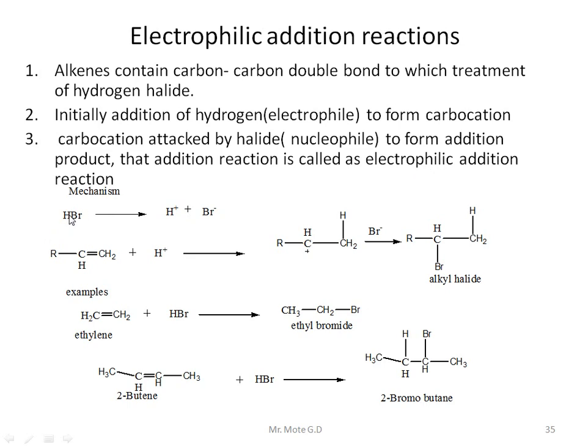We'll discuss ionization of HBr to form H plus and Br minus ion, and then the alkene adds the hydrogen atom and produces a carbocation, and again Br is added to this to form alkyl halide. One example, ethene treated with HBr produces ethyl bromide. 2-butene, so H goes to there and Br goes to there to form 2-bromobutane.